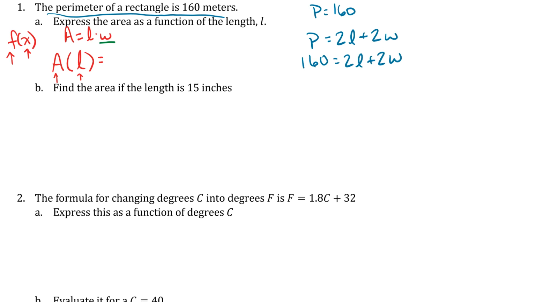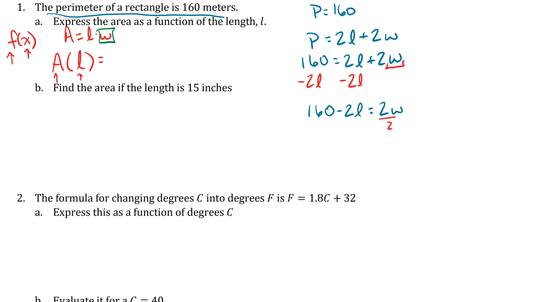Now remember, in the end what we're trying to do is get the area as a function of the length, which means we need to replace that W in A equals L times W. To replace W, we can just solve for W in the perimeter equation. First we subtract 2L from both sides, so we get 160 minus 2L equals 2W.